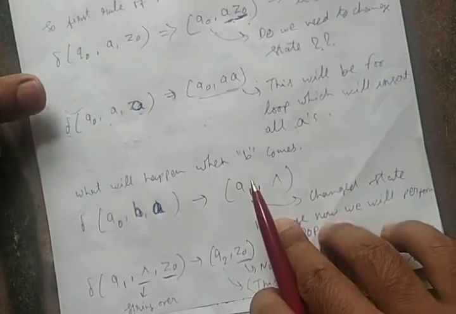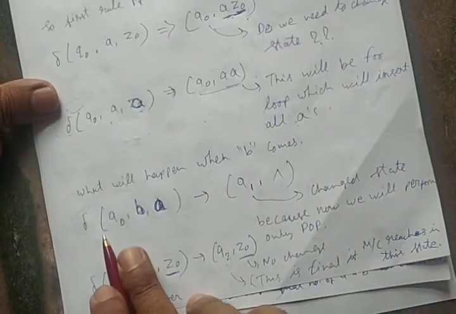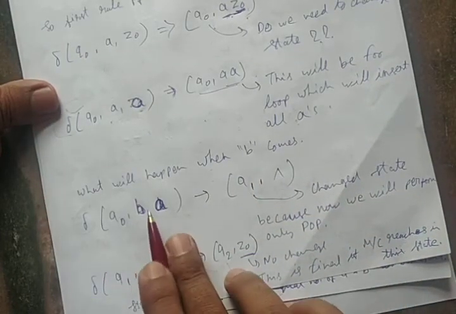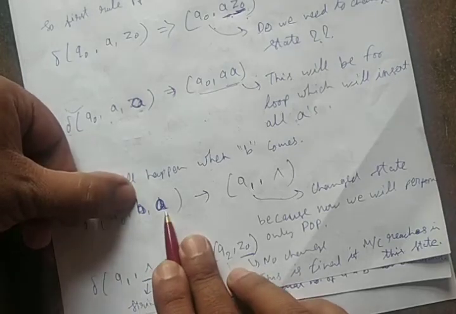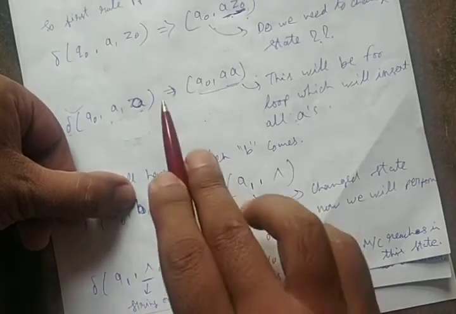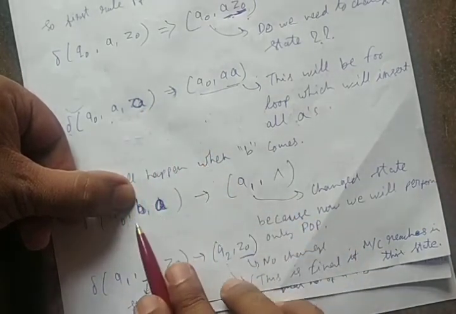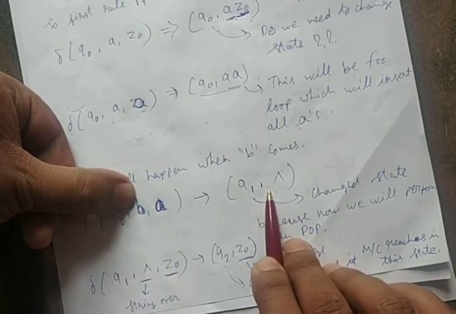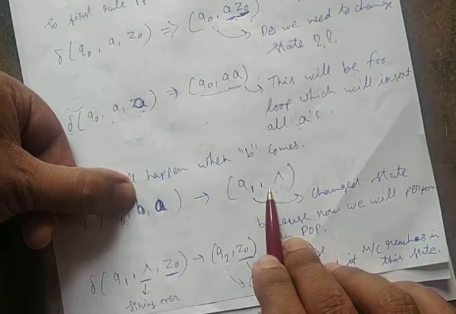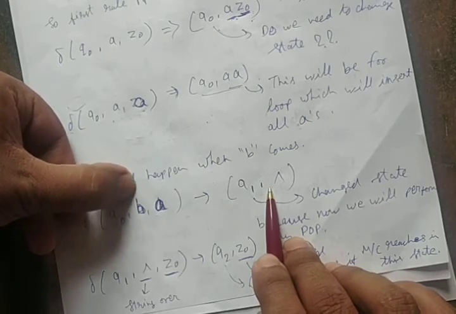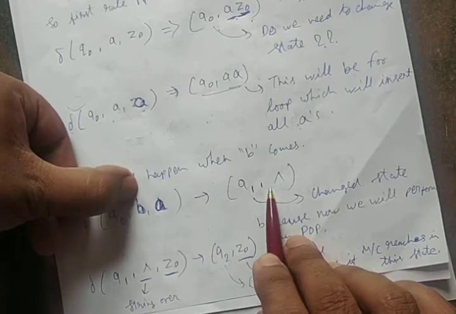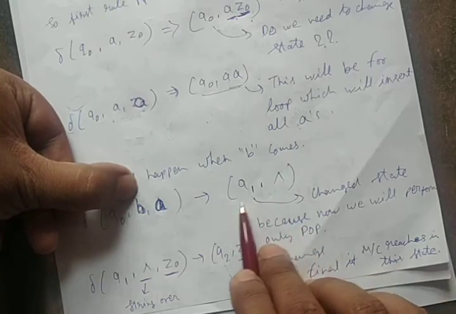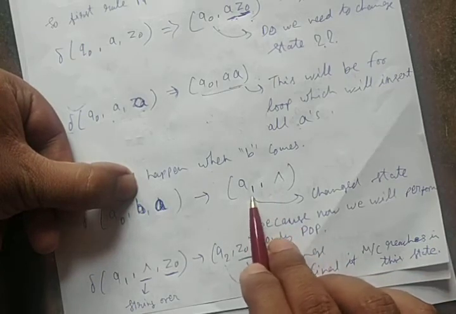Now what will happen once I get b? Definitely the top of the stack is a, because I have inserted all the a's. So for b, I am going to delete one a for each and every b, and here I have made one small change in my state.